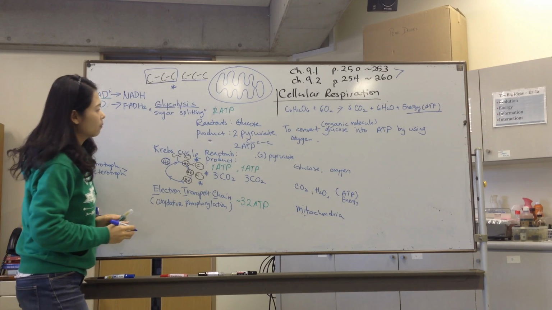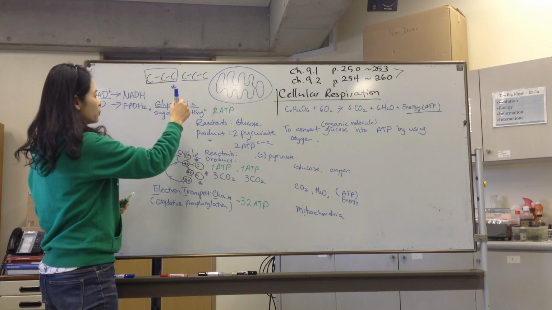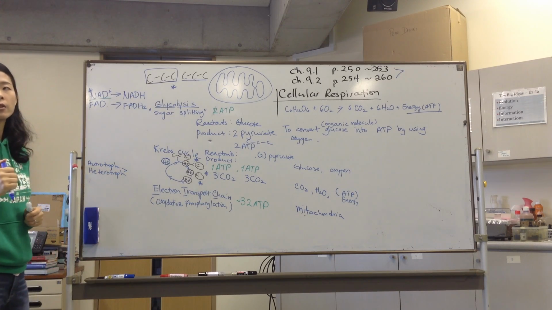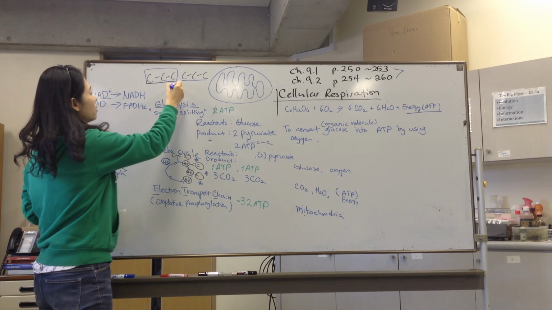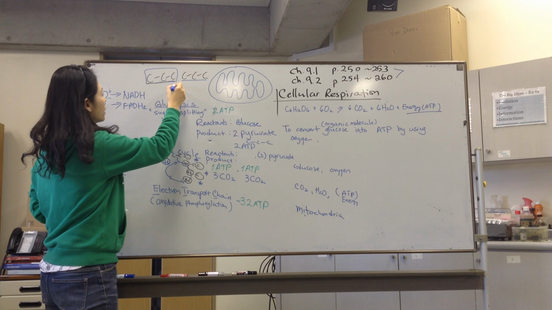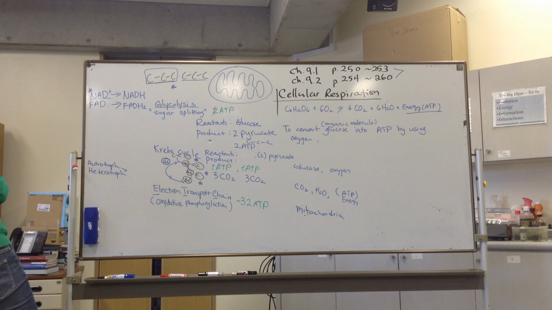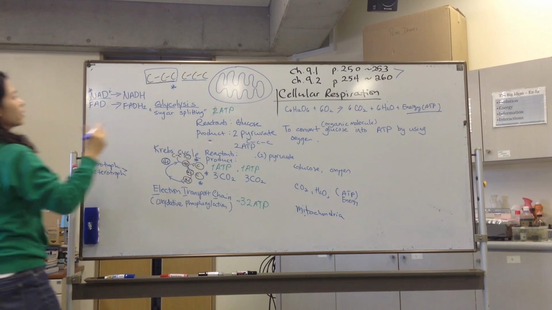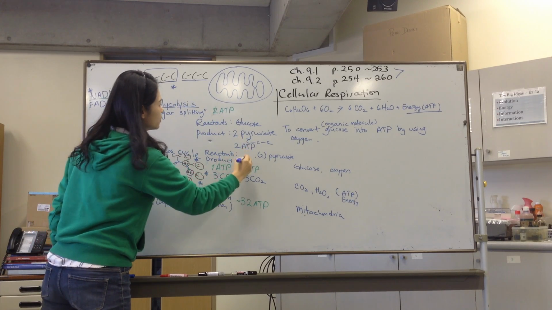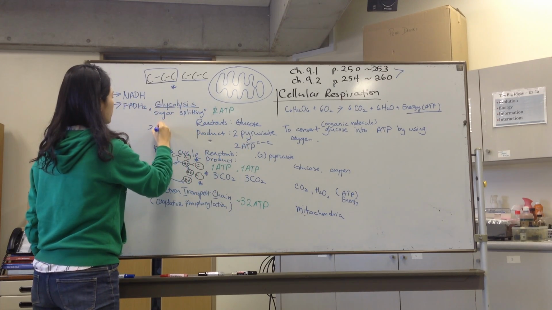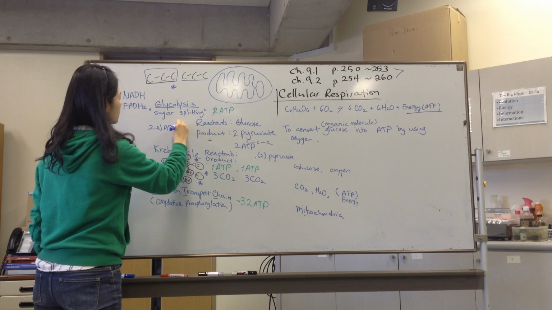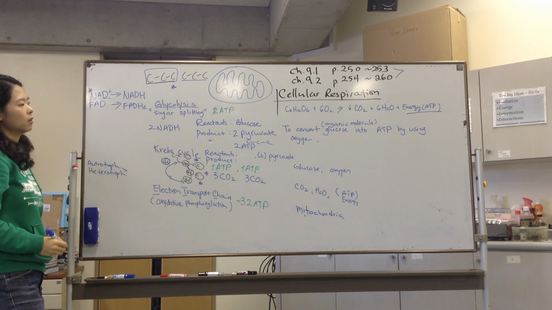All right, now, let's keep track of NADs. Over here, it will have made some NAD. Is it 1 or 2? 2. So it would have made 2 NAD. Now we'll call it NADH.